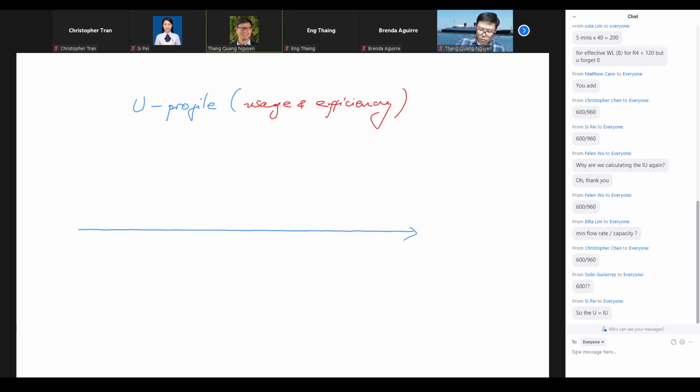So we lay out the resources horizontally, and on the vertical axis we show the utilization, U. To draw it effectively, we should always have the 100% line to read it effectively.